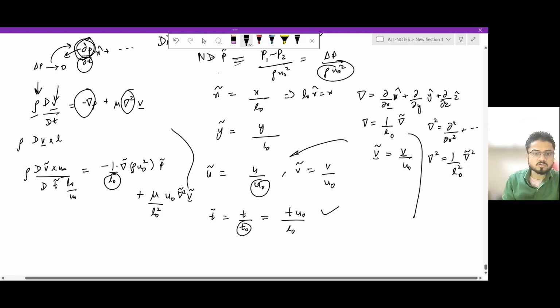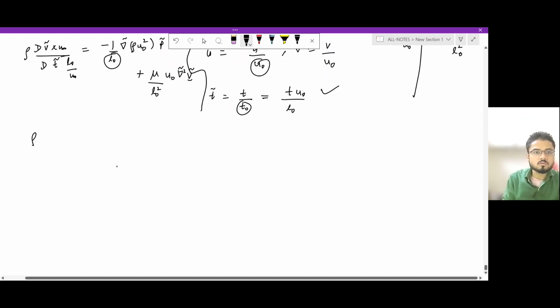And from here, you can obtain this part. You write it as rho u naught squared by L naught dv over dt. That is the total material derivative of your velocity field. And this becomes L naught grad of p.